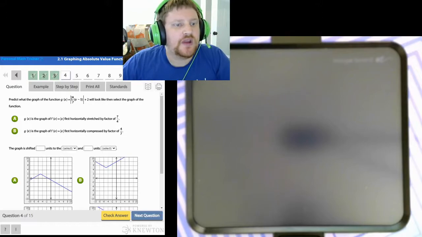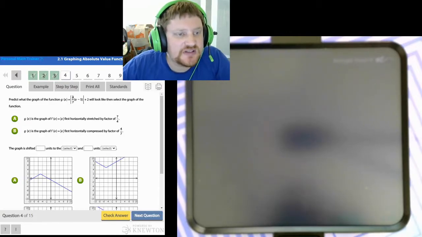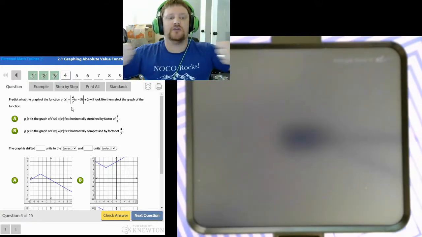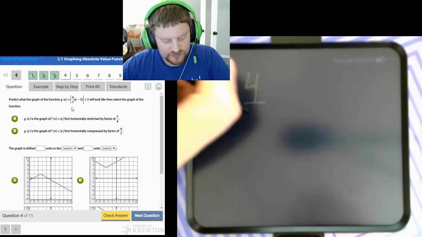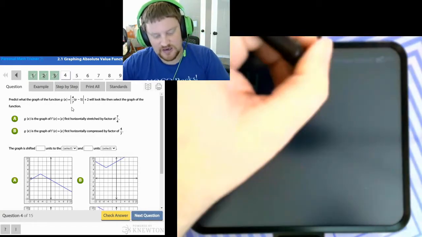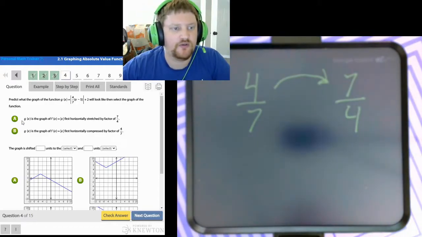Alright, once again we have a horizontal transformation, and once again it's on the inside, but this time it's less than 1, so that tells us it's going to be a horizontal stretch. And again, since we've got 4 over 7 and it's on the inside, our factor is the reciprocal, 7 over 4.